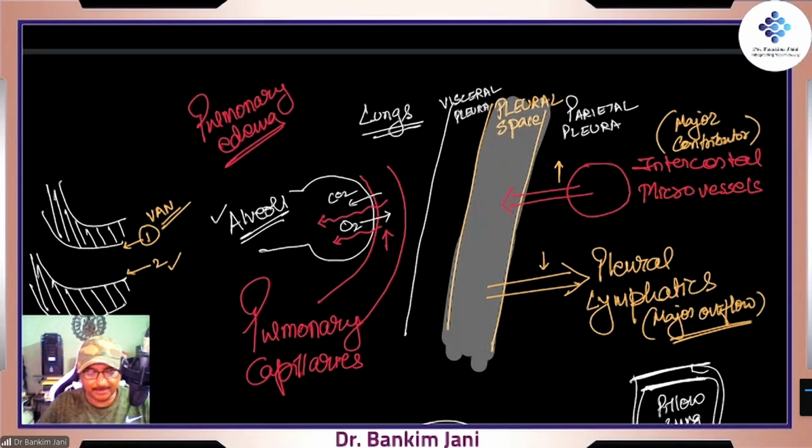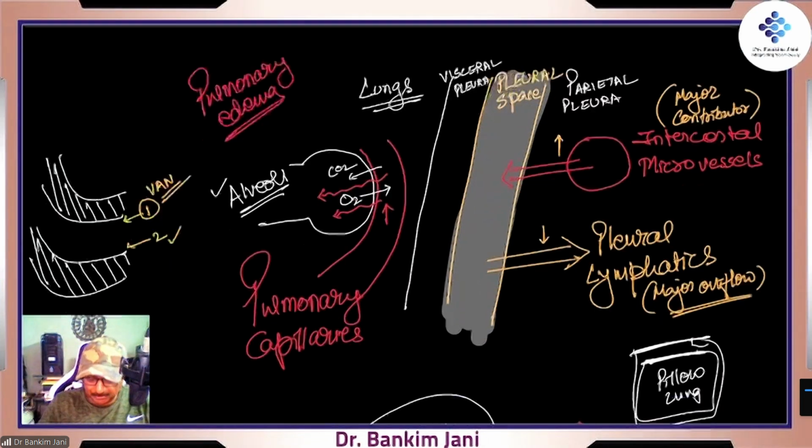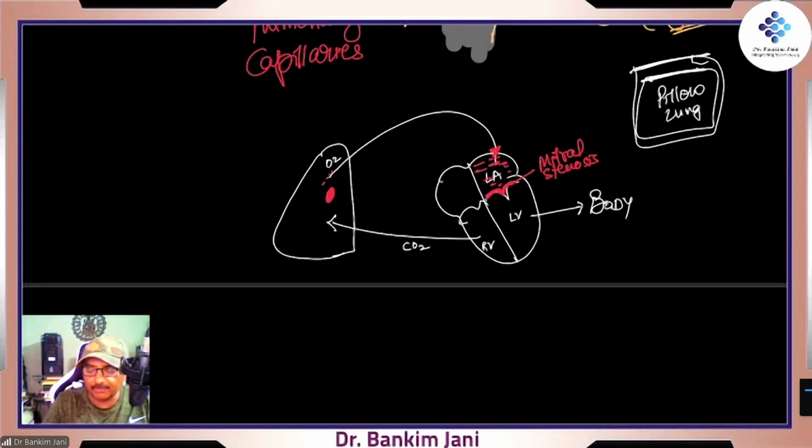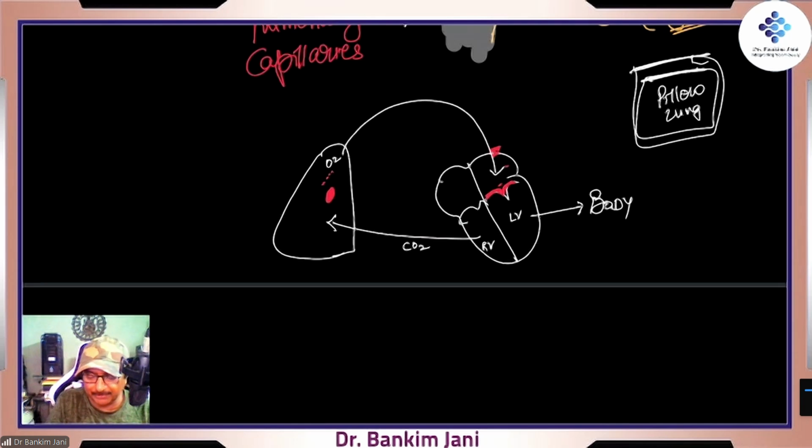It's dangerous because those alveoli will be useless, as there will be so much water. Gas exchange won't occur. What I mean to say is, mitral stenosis is one of the reasons, for any reason. But collectively, at least this part is clear: blood will try to go into the left atrium by the pulmonary veins. These will be the pulmonary veins.